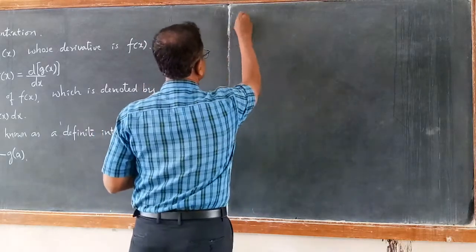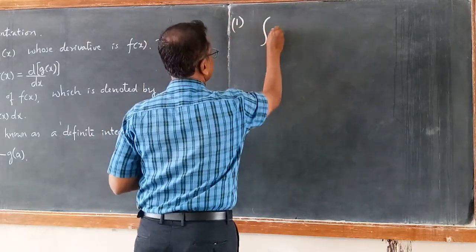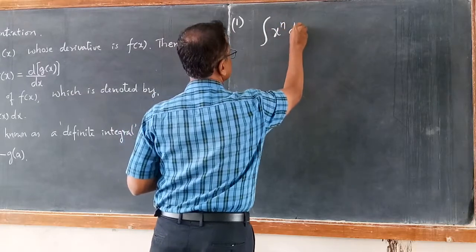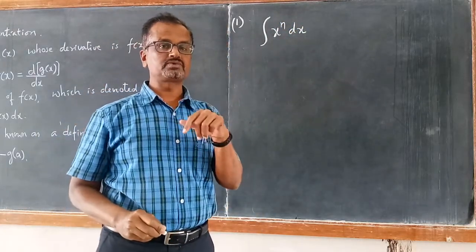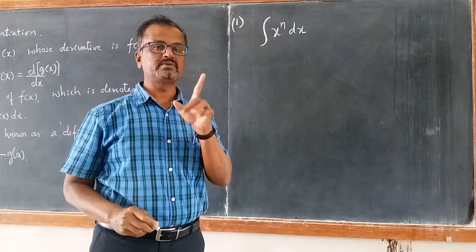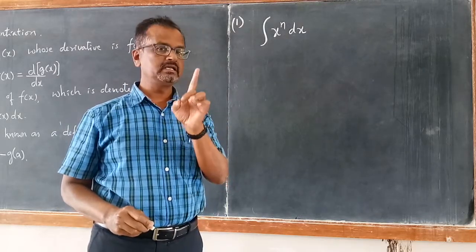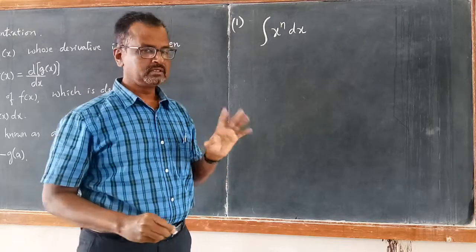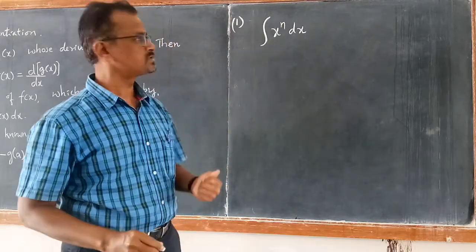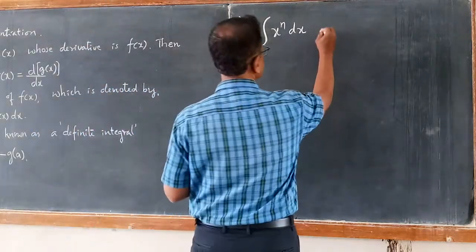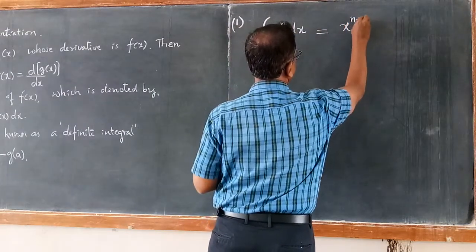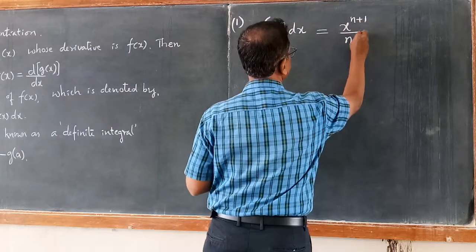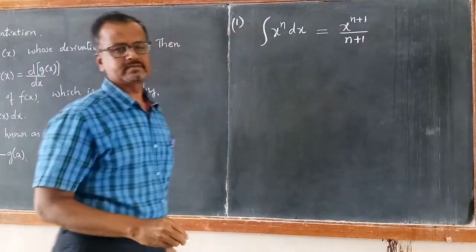First one, integration of x raised to n dx. As we have carried out differentiation of x raised to n, the differentiation of x raised to n with respect to x is n times x raised to n minus 1. Here you see, integration of x raised to n dx gives us x raised to n plus 1 divided by n plus 1. You must remember this.